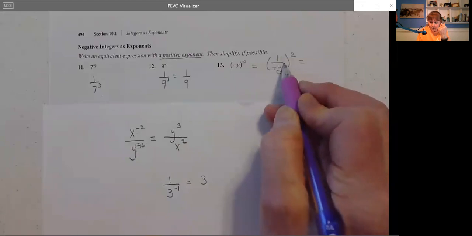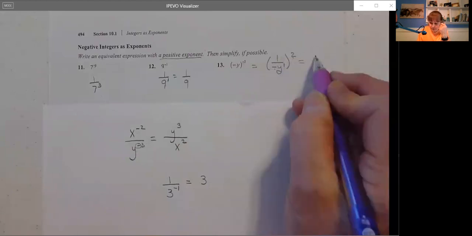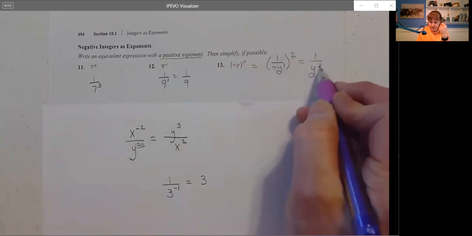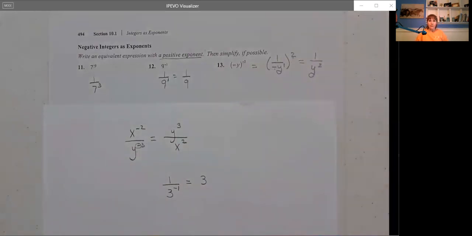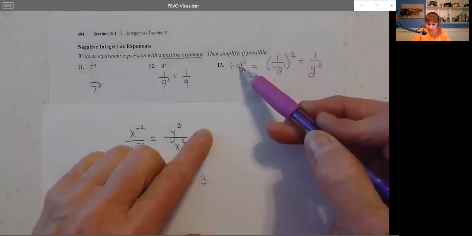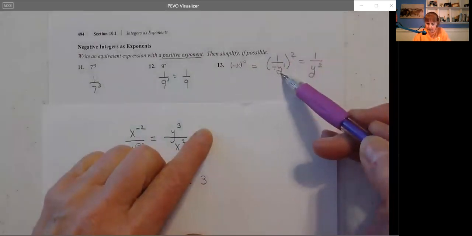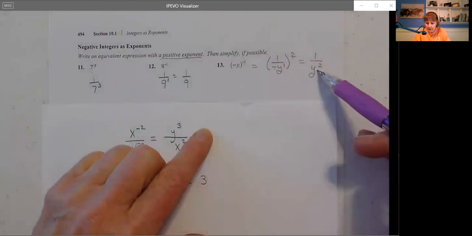And then you multiply a power to a power. 1 times 2 is 2. So you end up with 1/y². All righty. If you wanted to, rather than take care of the negative, you move this, and then I squared what's inside.